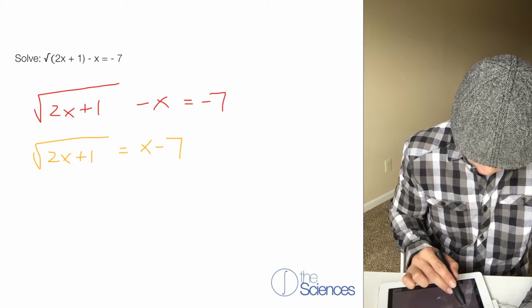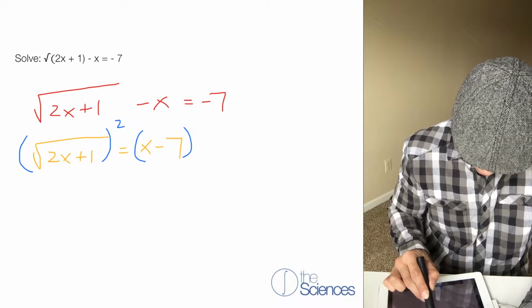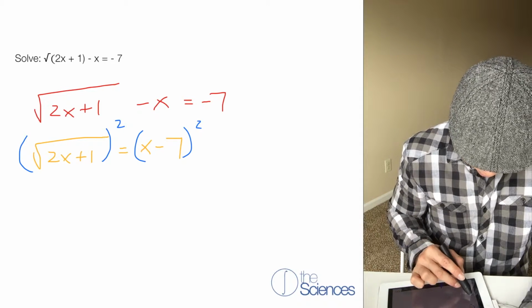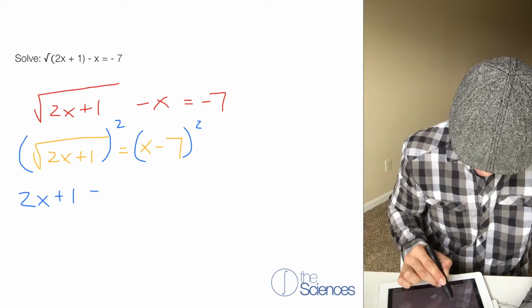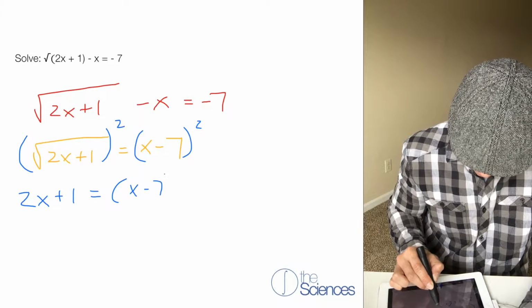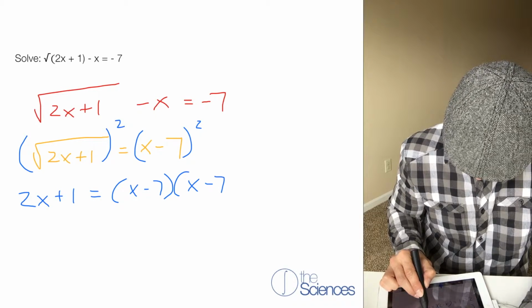So now we're going to square both sides, and this will eliminate the square root sign. So now we have 2x plus 1 equals x minus 7 times x minus 7.